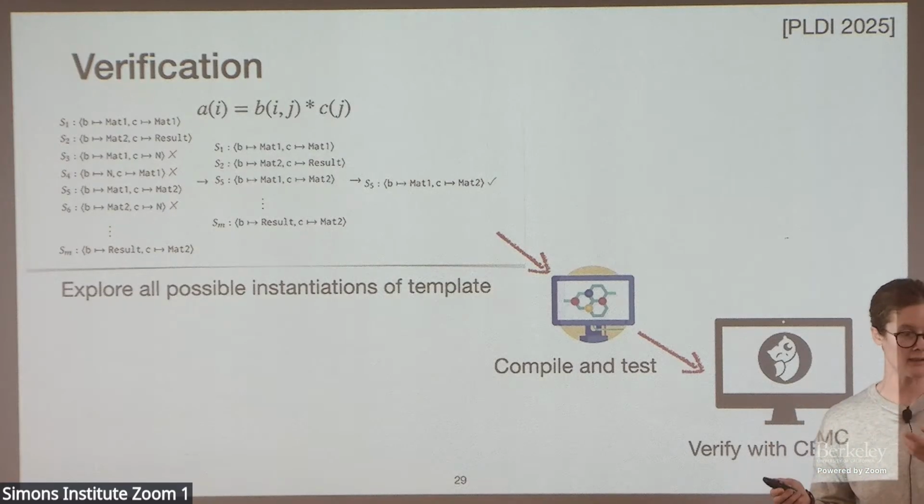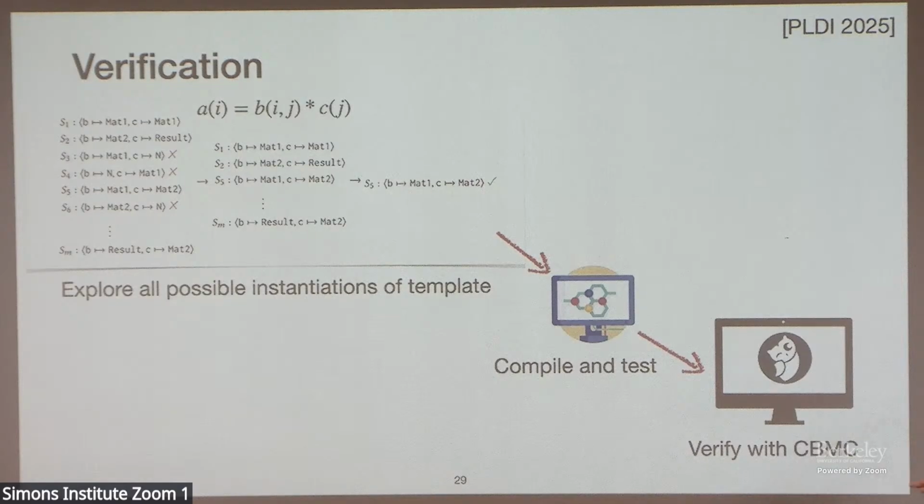If we find an instantiation that passes the tests, we then verify with CBMC. This is a hard problem. CBMC is only doing bounded verification. It is particularly hard because this is C code with C data types in it, so one of the problems is that you're having to deal with floating points.